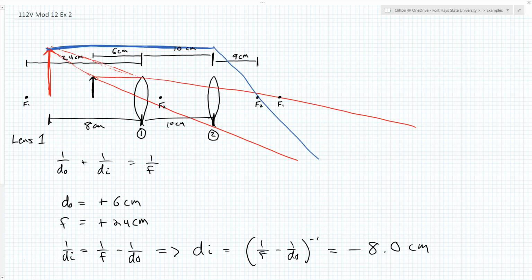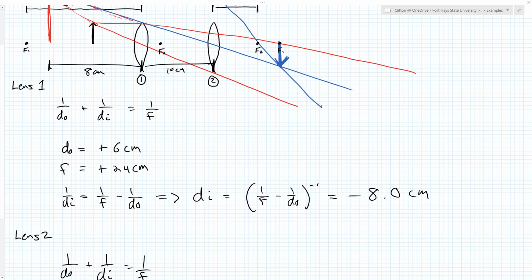So it's going to go through F2 like this. And then a ray that goes through the center of the lens won't bend at all. And where those two meet then is the position of the image that is formed. So I'm going to have an image that is upside down behind that second lens. So there we are. We have the position of the final image that's formed by the two.